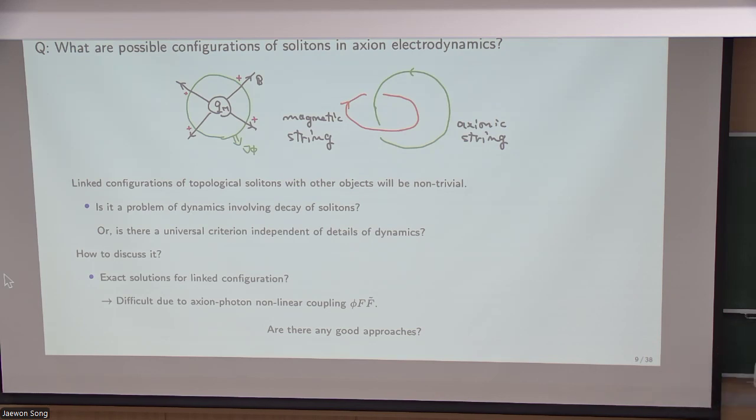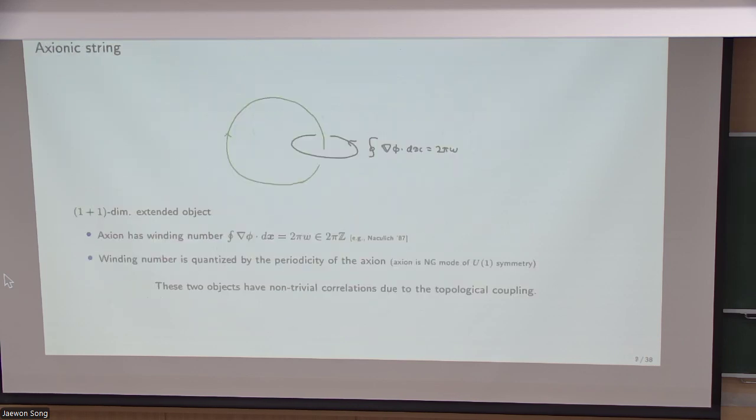Yes, but photon is gapped. So if the axion is also massive, there is a domain wall inside the axionic string. But in this one, I assume that axion is massless in the Higgs phase. So the axionic string does not have an axionic domain wall. Thank you.